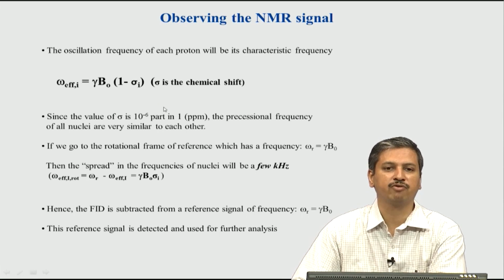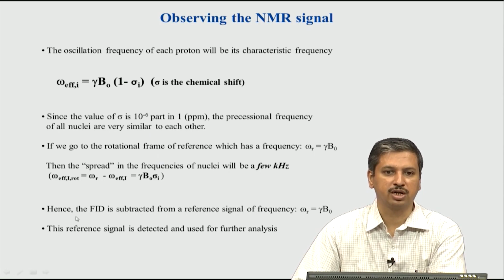But what is important from an FID point of view is that this FID, which I showed in the last slide, consists of oscillations. Where do these oscillations come from? The oscillations are coming because different atoms in the same molecule have different frequencies. Therefore, they will have different oscillations, and all these oscillations are captured together in a single FID.